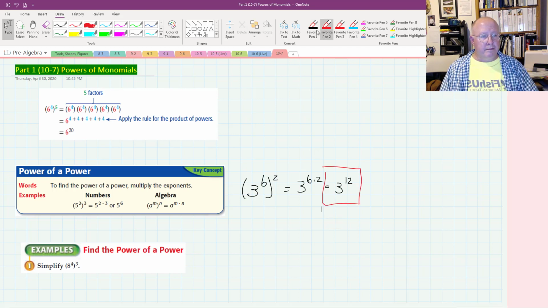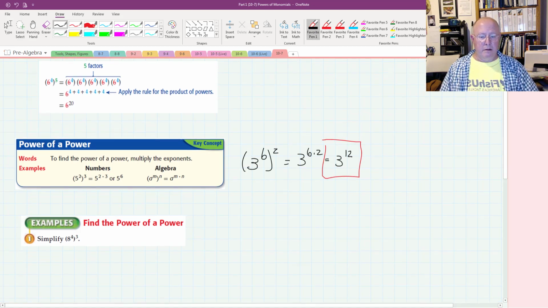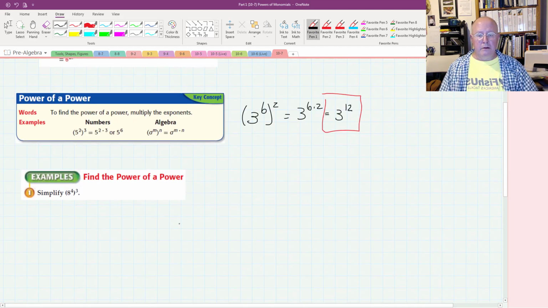Then look down here at the power of a power, example 1, on page 555. It says simplify 8 to the 4th, and you're raising that to the 3rd power.